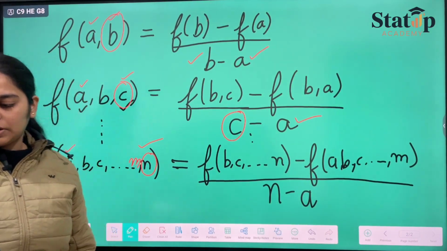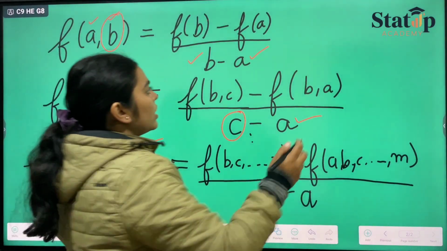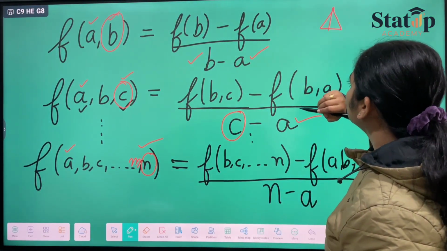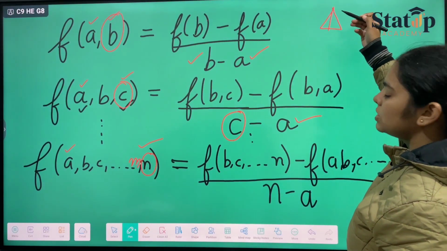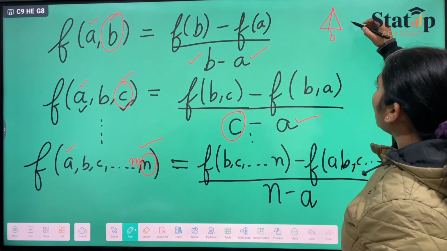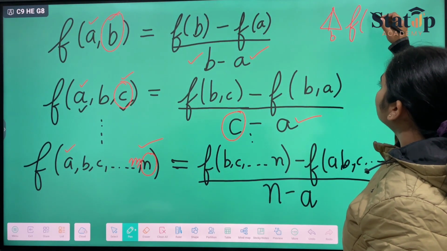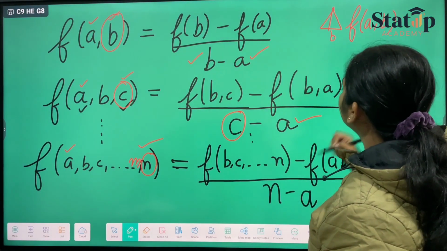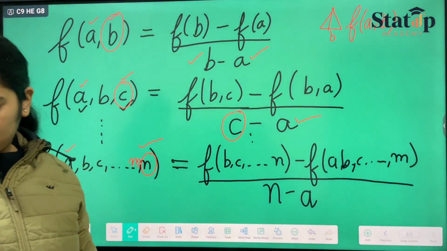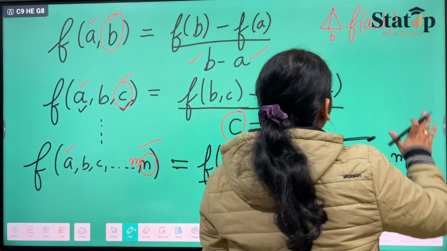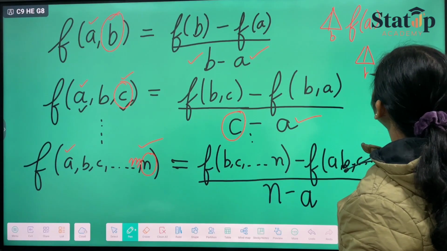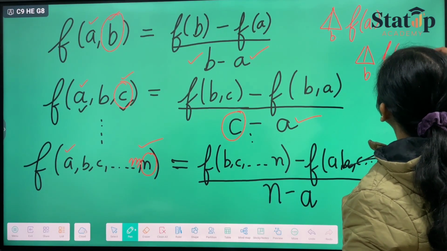Now divided differences can be represented by this, or it can be represented by this. Delta with a dash, a perpendicular line in between, and we write b, and here we write f(a, b). Or we can also write it as delta b f(a), or as delta b f(a, b).